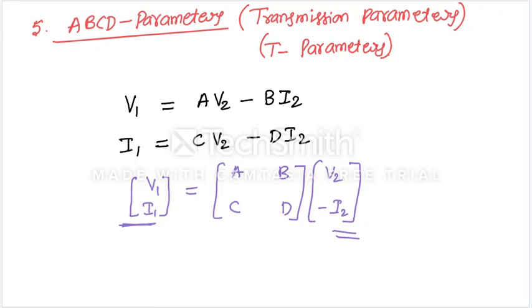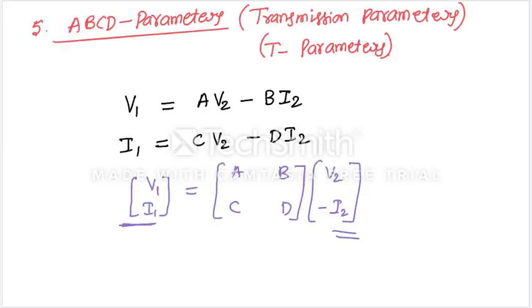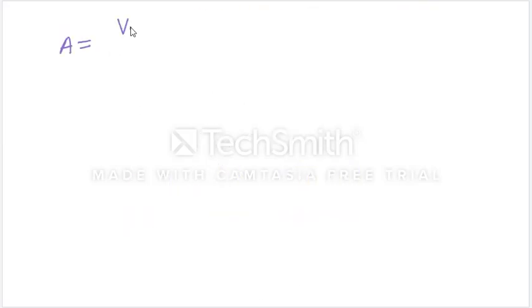Now we'll get these parameters one by one. Tell me how we get A. A is equal to V1 by V2 when I2 is equal to 0, and there are no units.